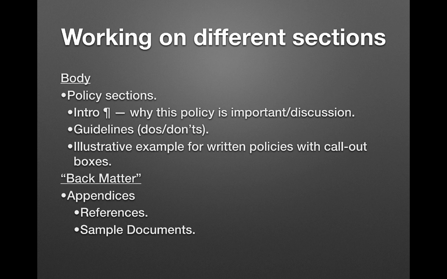Say something like see Appendix A or see Appendix B, at the back of the document. Could also be a list of references of some sort. For further reading about communications policies, check out these helpful sources. So that's the overall structure of the document.